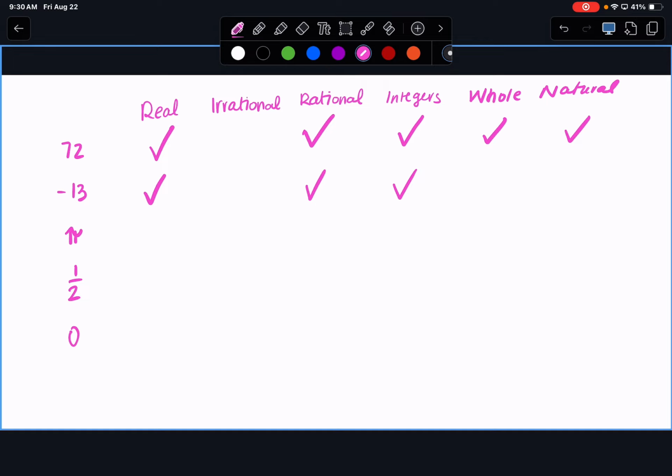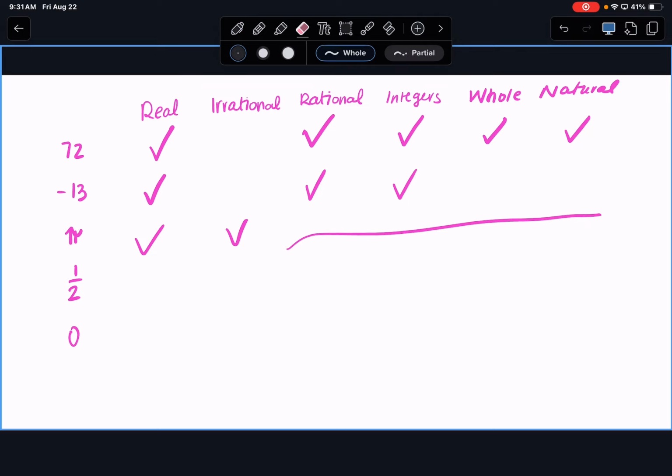Is it natural? Okay, pi. Is pi real? Pi is real, but is it irrational? Yeah, because it goes on forever. So if it is irrational, it's not going to be any of these things. Because can an irrational number be rational? No. An irrational number won't be an integer. It won't be whole, and it won't be natural.